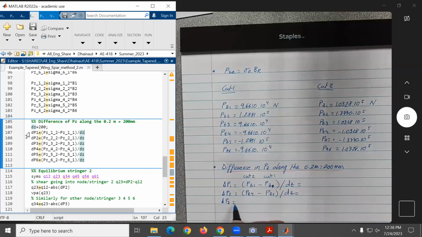Delta P3 will be PZ3 cut 2 minus PZ3 cut 1, divided by the length of the cut. Delta P4 will be PZ4 cut 2 minus PZ4 cut 1 divided by DZ. Delta P5 will be PZ5 cut 2 minus PZ5 cut 1 divided by DZ. Delta P6 will be PZ6 cut 2 minus PZ6 cut 1 divided by DZ.